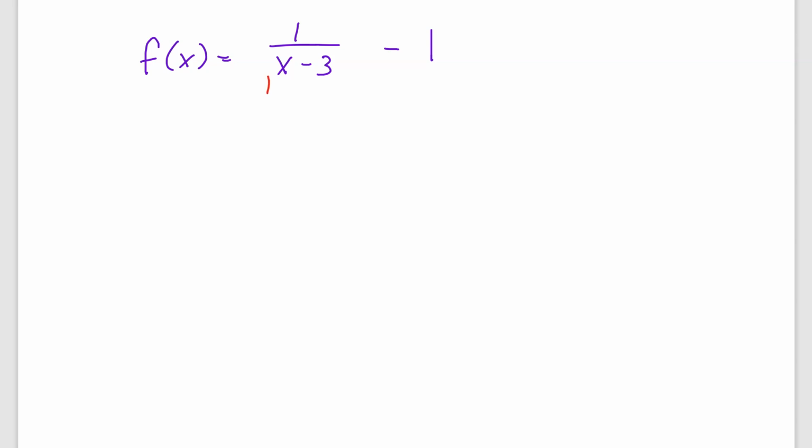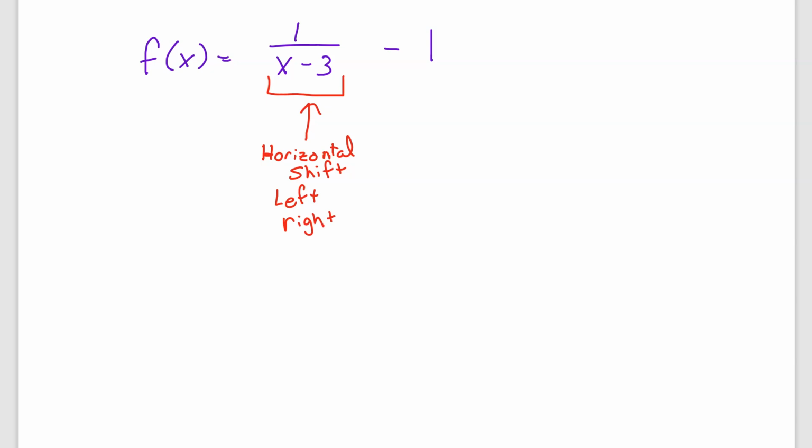Remember things that were attached to our x's. Those things were our horizontal shifts, meaning we move things left and right. So we move things opposite of what we thought.